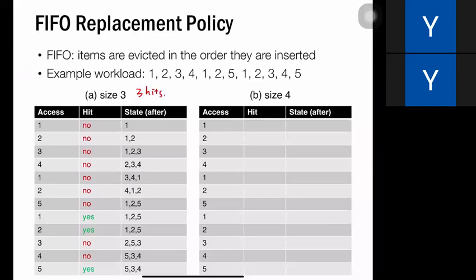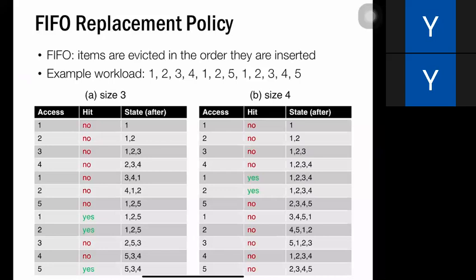If you take a look at the second column, yes means a hit. Then if you take a look at the right table, even though we have a relatively larger cache size, with exactly 4 slots compared to 3 slots on the left-hand side, we unfortunately end up with less performance. Why? Because if you take a look at the second column of the table, we just end up with a total number of 2 cache hits, right? And this is under exactly the same workload.